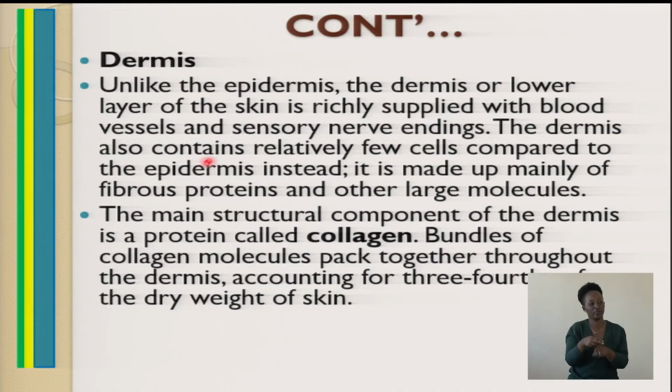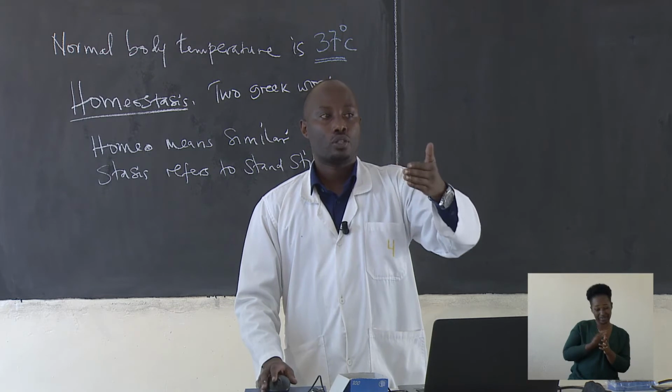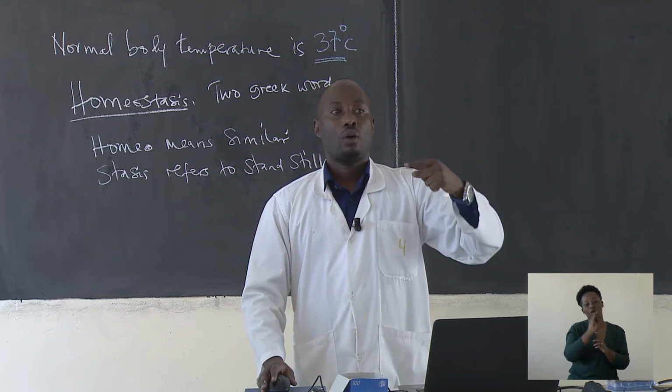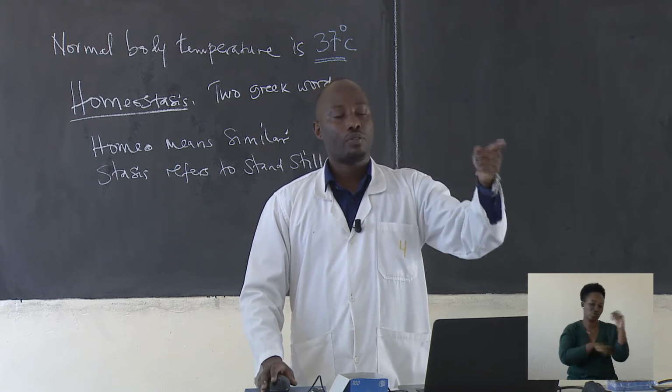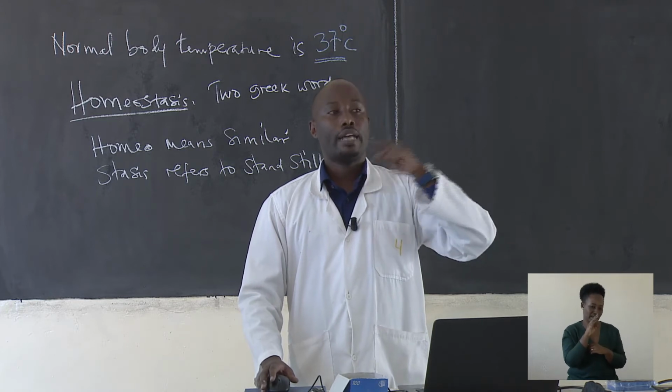The dermis also contains relatively few cells compared to the epidermis. So when you compare the dermis and the epidermis, the dermis has a smaller number of cells. The question is, why do we have fewer cells in the dermis?